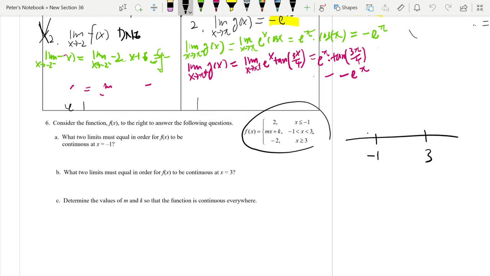So here, left of -1, the function is 2, and then right side of x equals 3, it is -2, right? And here we need to figure out what mx plus k is.